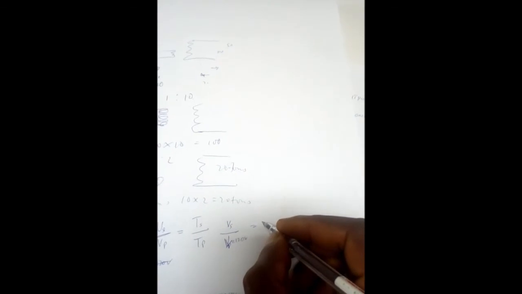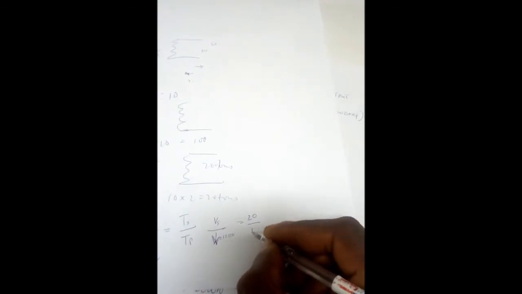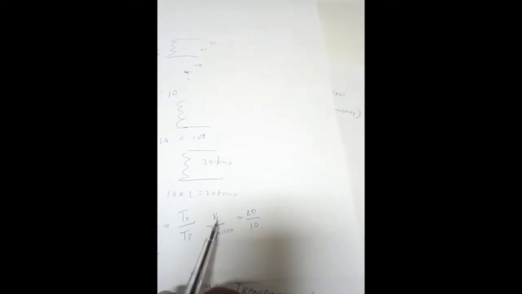So for example, if you are looking for the output voltage for the secondary, Vs, and the input voltage Vp is equal to 120 V. The secondary turns is, let's say, 20 turns, and the primary turns is 10 turns. Now you need to know what the output will be.